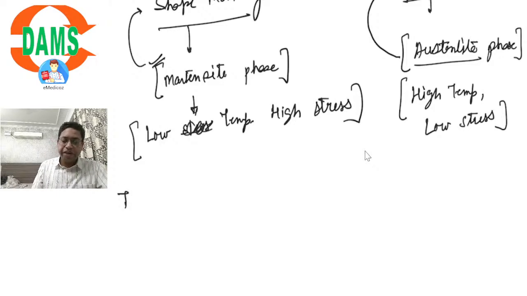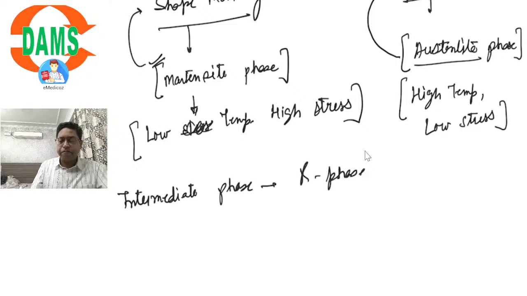Then there is an intermediate phase, which is also called R phase. Okay. Nickel titanium is a unique alloy of equal atomic concentration of 55% by weight of nickel and 45% by weight of titanium, and they exist in different phases or forms depending upon the temperature and stress.